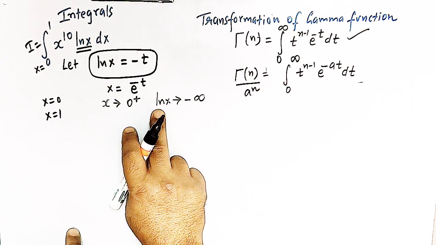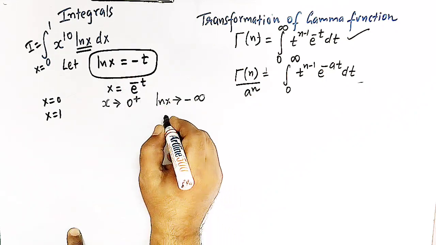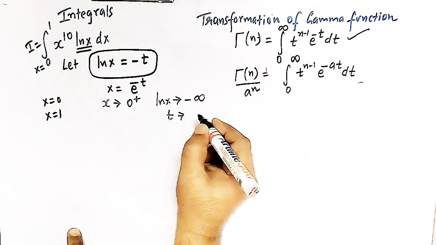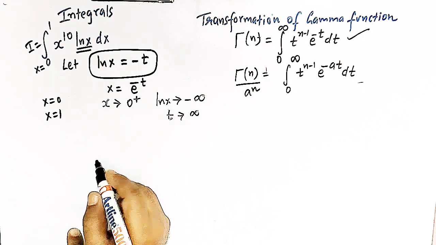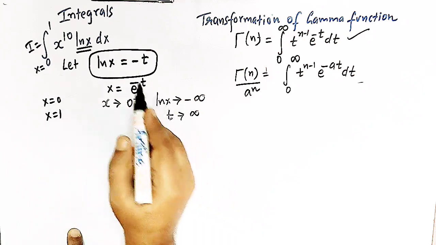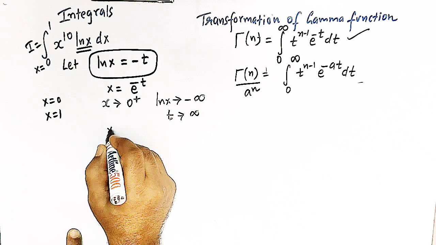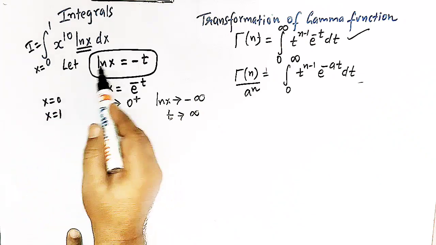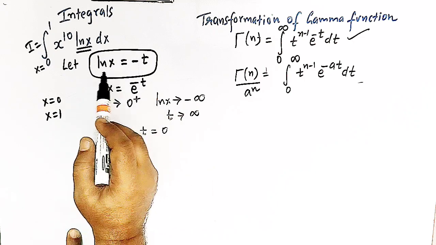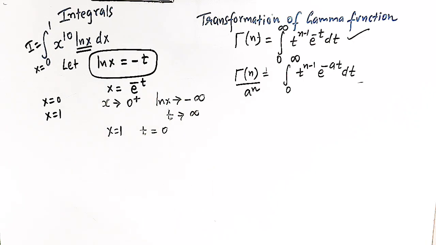So when natural log of x tends to minus infinity, t should tend towards infinity. And when x is equal to 1, obviously the value of t is equal to 0, because natural log of 1 is equal to 0.